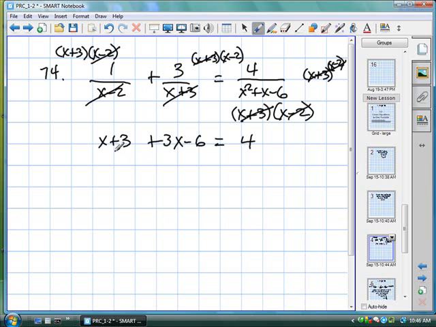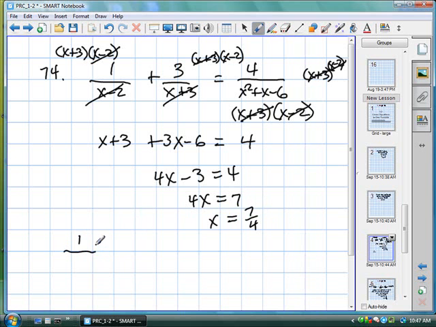Watch. So we get 4x minus 3 equals 4. Add 3 to both sides. It looks like x equals 7/4. Now, to check it, you really have to go back to the original.